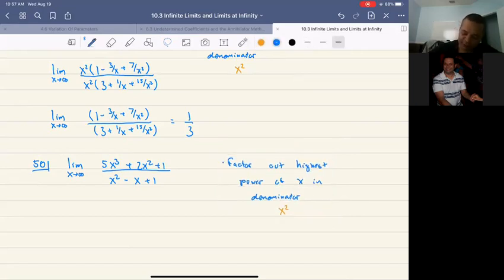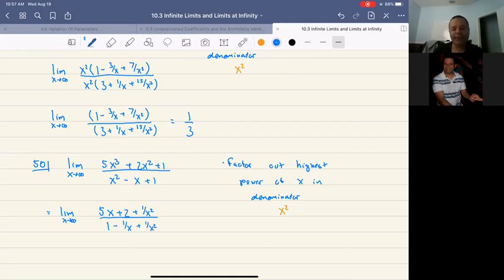I'm going to skip a step; don't worry, it's not so crazy. I'm just going to pretend we factored it out and canceled it. So we get 5x plus 2 plus 1 over x squared, divided by 1 minus 1 over x plus 1 over x squared.